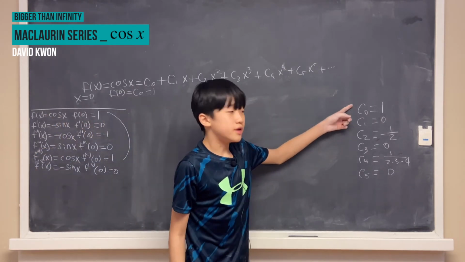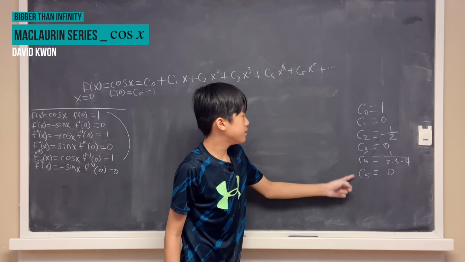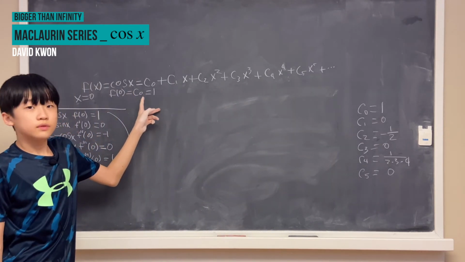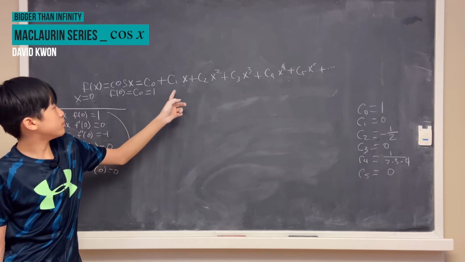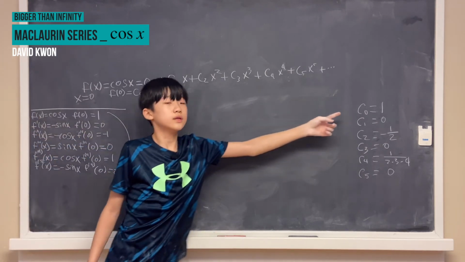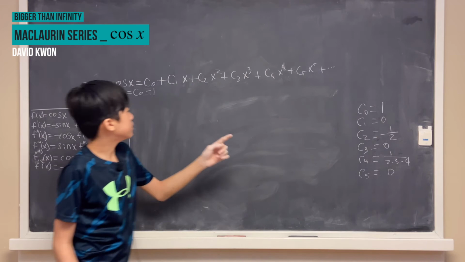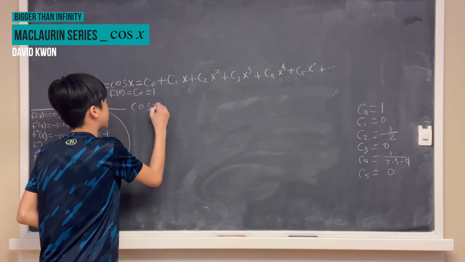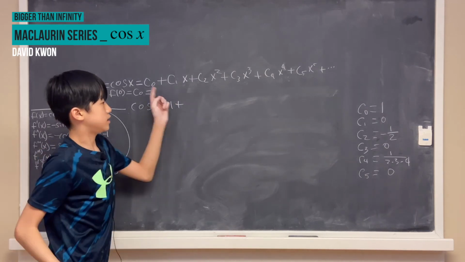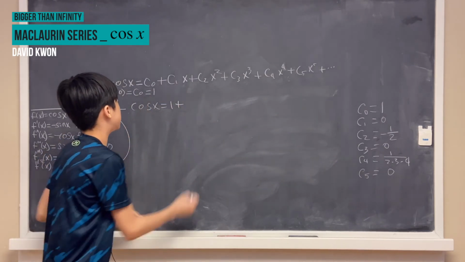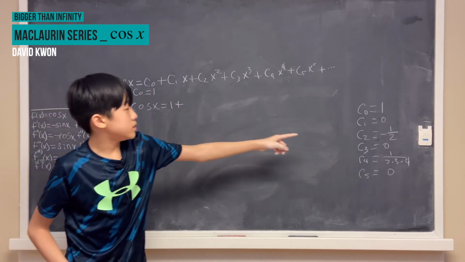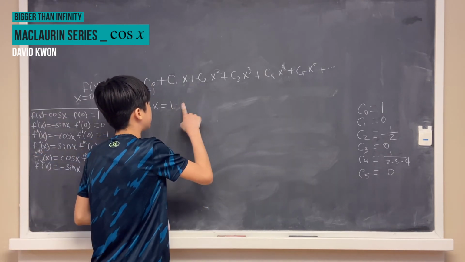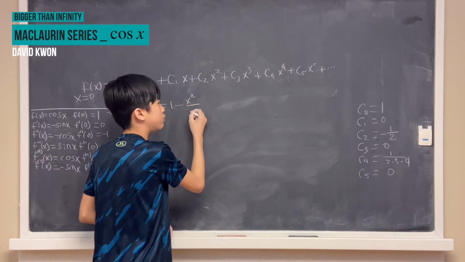Now, what we got in here, we will simply replace into our cosine x equals polynomial equation. So our c sub 0 is equal to 1. So cosine x is equal to 1, and c sub 1 is equal to 0 times x, which is just nothing there. C sub 2 is equal to negative 1 over 2 times x to the power of 2, which is negative x to the power of 2 over 2.